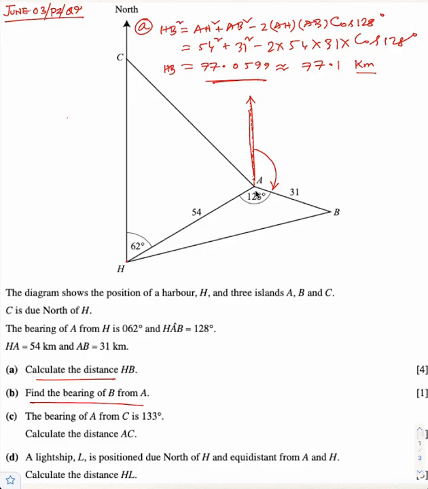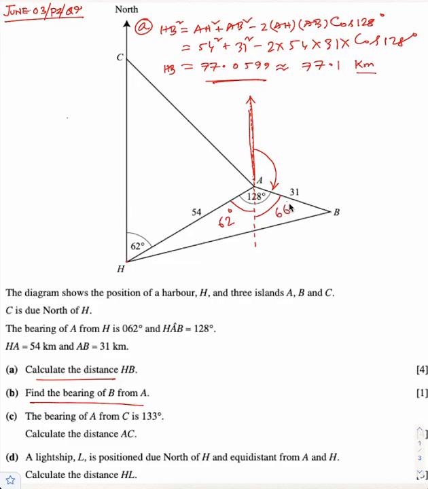This is 62. If I extend, that would also be 62, alternating angles. So if it is 62, that would be 128 minus 62, because the whole angle is 128. So 128 minus 62 is 66.